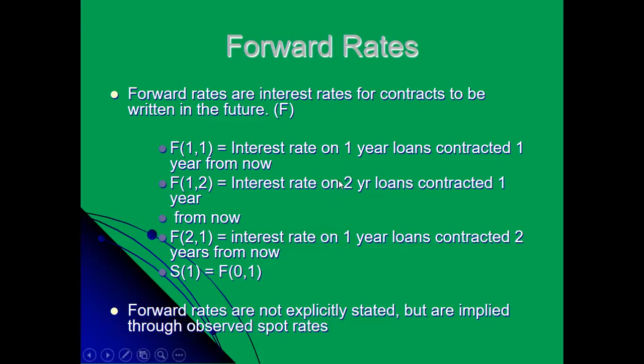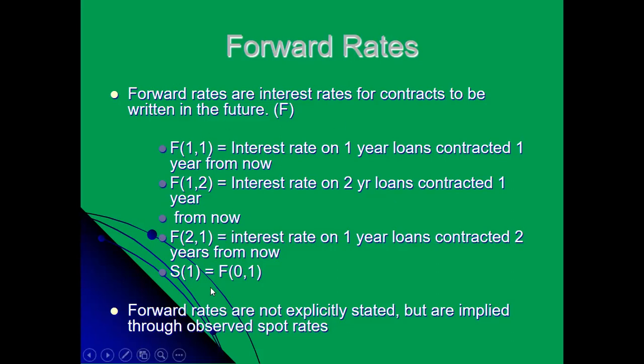So for example, this is a 1-year loan contracted 1 year from now, so 1 year from now or the future, and this is a 1-year loan. For the second one, 1 year from now contracted, and 2 years for the loans.